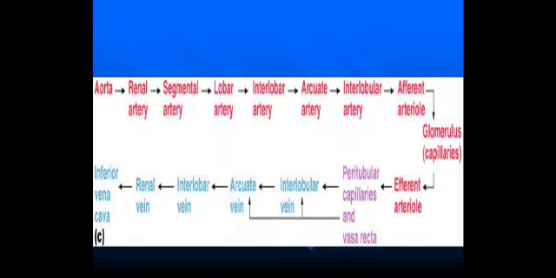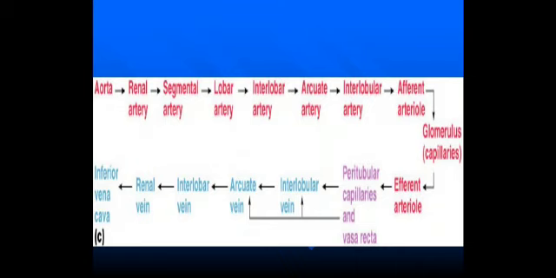We can see how the aorta divides into the renal artery, which branches into the segmental, the lobar, then interlobar, and it forms an arc which is called the arcuate artery, which opens again into the interlobular, finally into the afferent arteriole and the glomerulus.